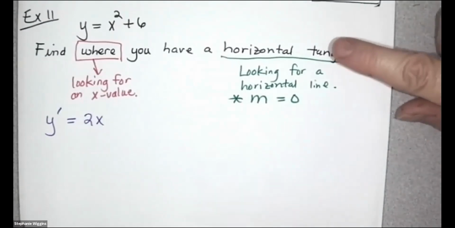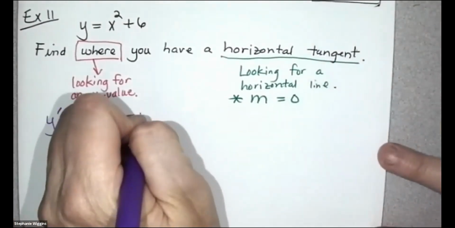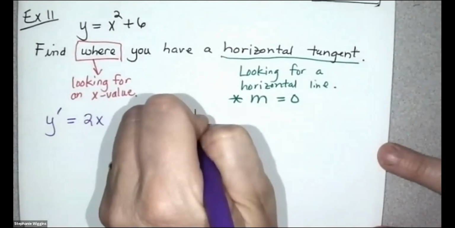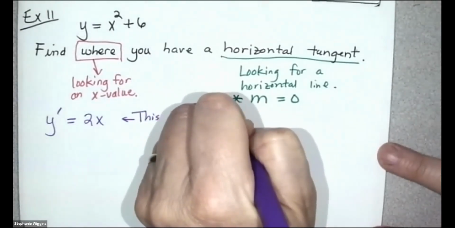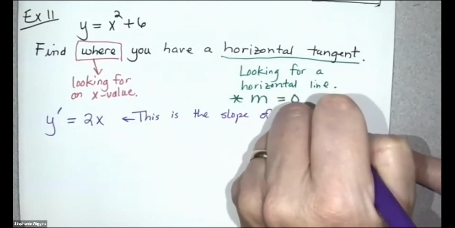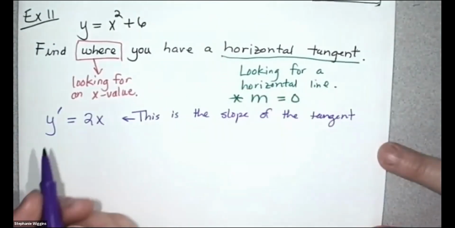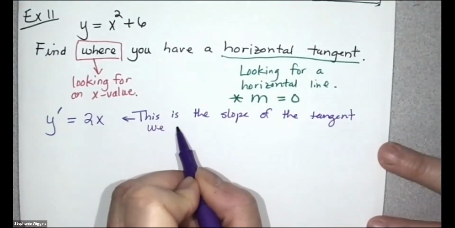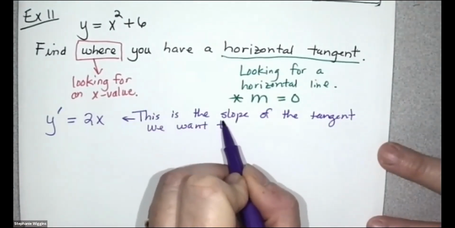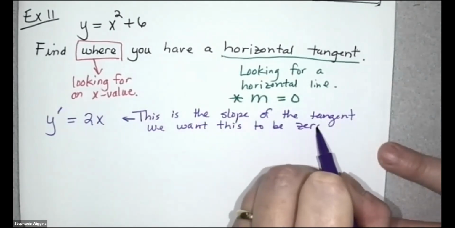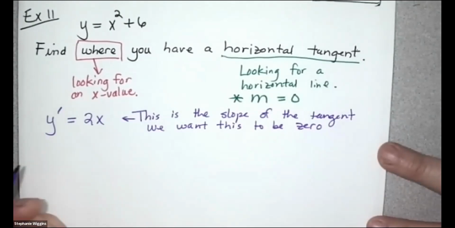And because this is the slope of the tangent, we want this to be 0. So you just set it equal to 0, right?